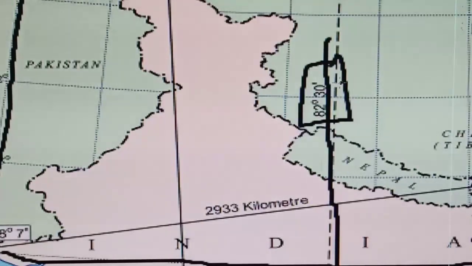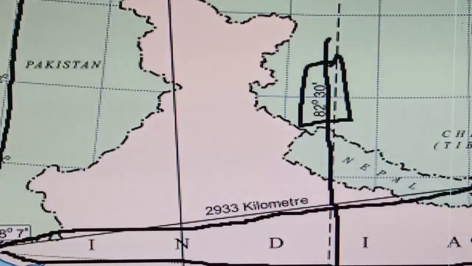Right? And the next thing is the east-west distance of India, from here to here. The distance is 2933 kilometers.